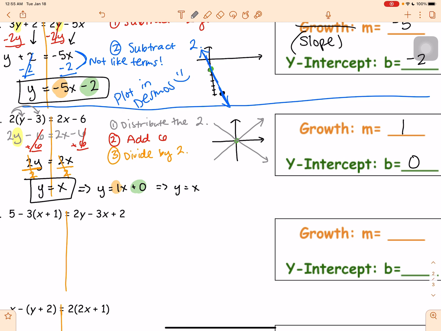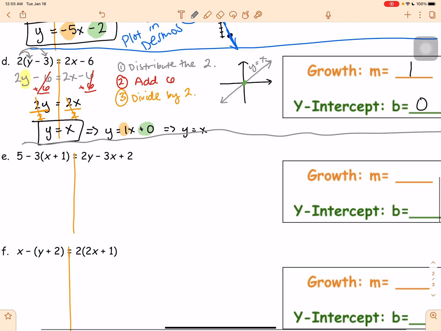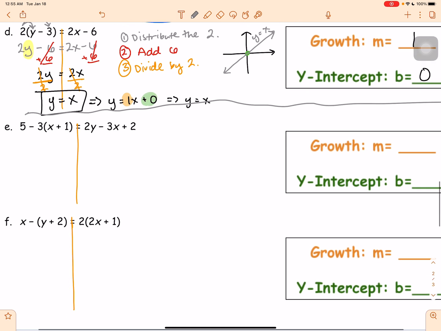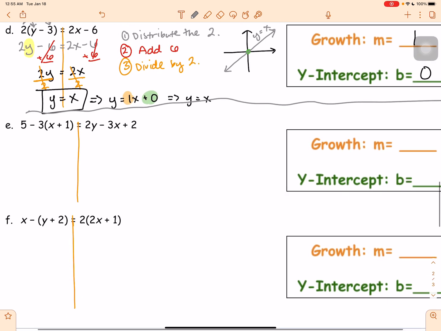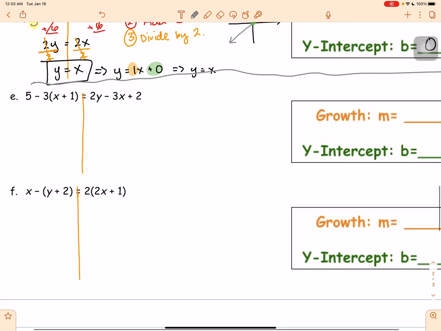It would go perfectly diagonal downward. So that is what the line y equals x looks like. And no, I did not say for you guys to sketch these, but it's really, really good for you guys to start to sketch and recognize what the lines look like.